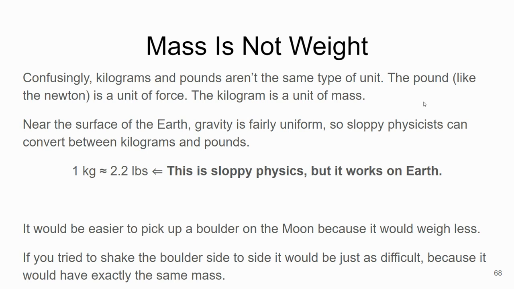If, on the other hand, you take this boulder and you start twisting side to side with it, so you're rapidly changing its motion, stopped at one end, then moving it quickly to the other side, then slowing it down and stopping it, and then moving it back. Because you're changing its state of motion, its direction and its speed, what you're fighting against in that case is its mass. And its mass is the same, whether it's on the Earth or the moon. So that part would stay the same.